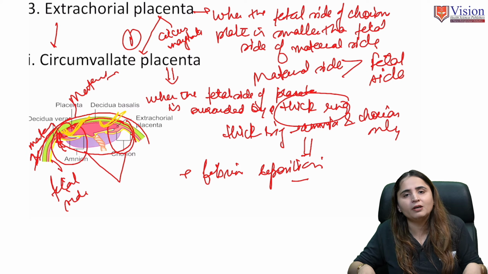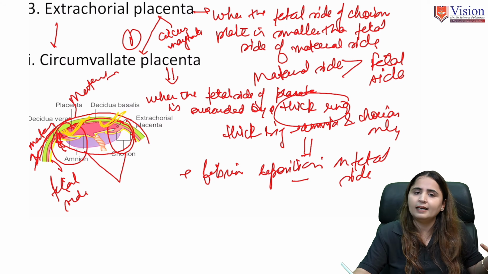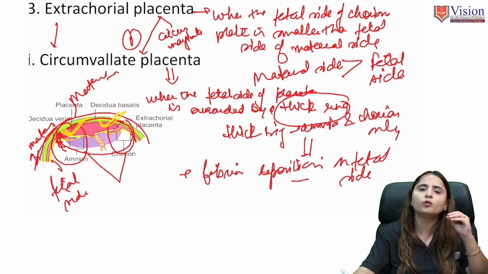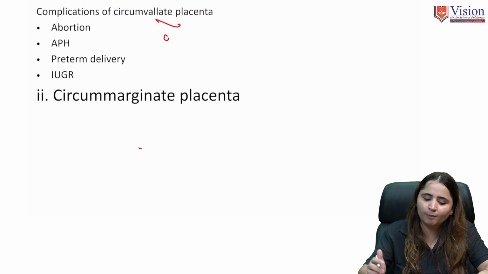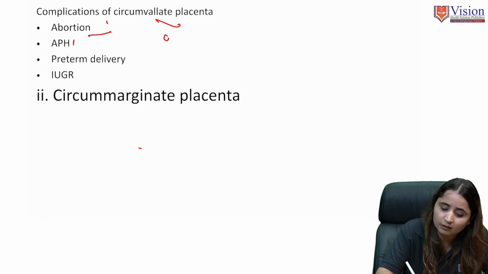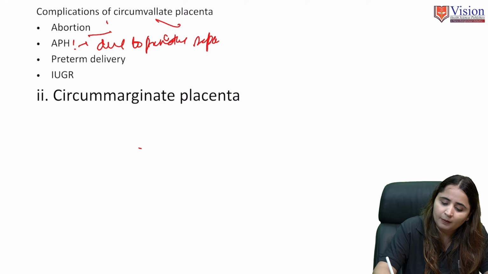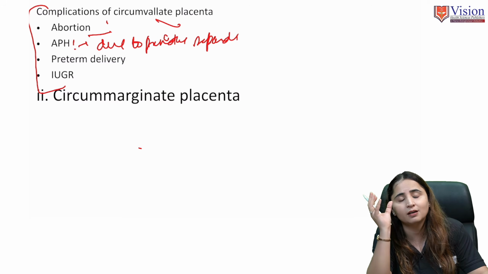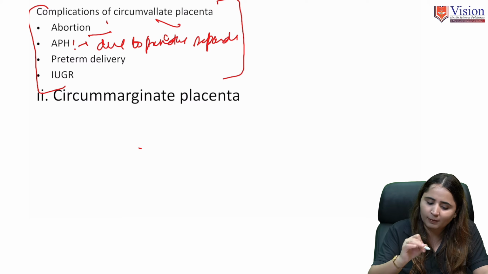And when there is a fibrin deposition on the empty fetal side, it will lead to ineffective exchange of nutrients, which will lead to complications like abortion, antepartum hemorrhage due to premature separation, preterm delivery or IUGR. All these complications occur due to the formation of fibrin and infarction.